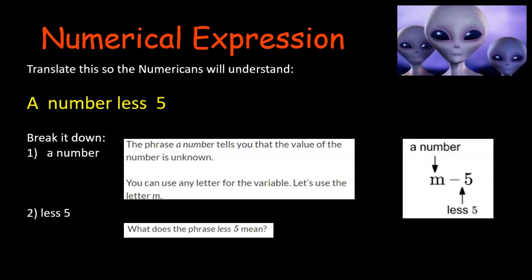So let's try it again. A number less than 5. A number less 5. So remember, we're going to break it down. The phrase, a number, tells you that the value of the number is unknown. So we're going to use a variable. You can use any letter for the variable, but let's use the letter M. Then let's see what the second part says.